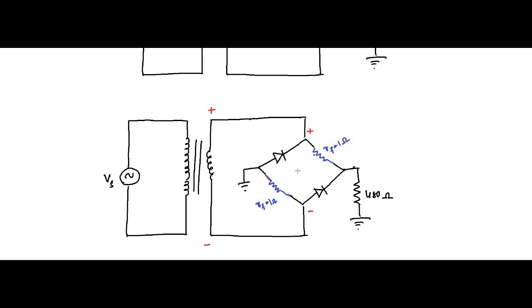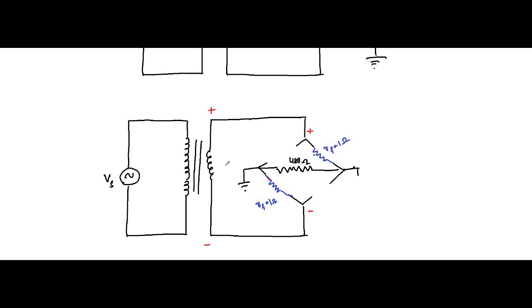So these two diodes will be open circuited, and we can connect the load resistance here, 480 ohm. If we connect the load resistance in this way also, it is the same thing.